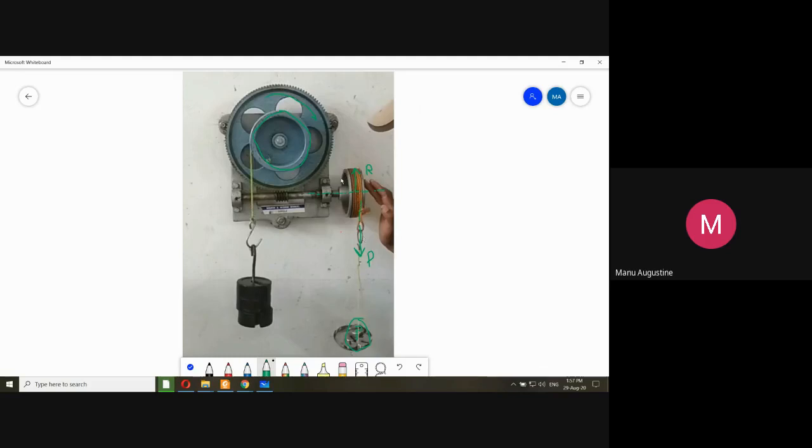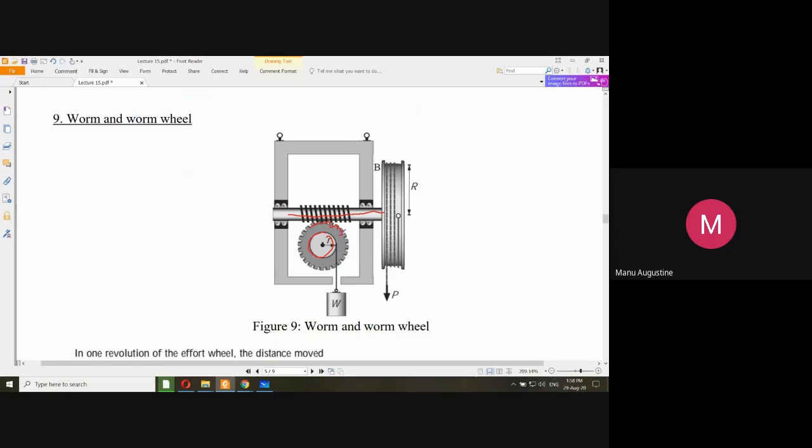This pulley will rotate in this direction, and it will enable the rotation of the worm also in this direction. And when the worm rotates in this direction, the gear will rotate in this direction. And when the gear rotates, the pulley also rotates in the same direction. And when the pulley rotates in this direction, it will pull the rope upwards. And this is where your weight is attached. So this thing can be understood from the figure now.